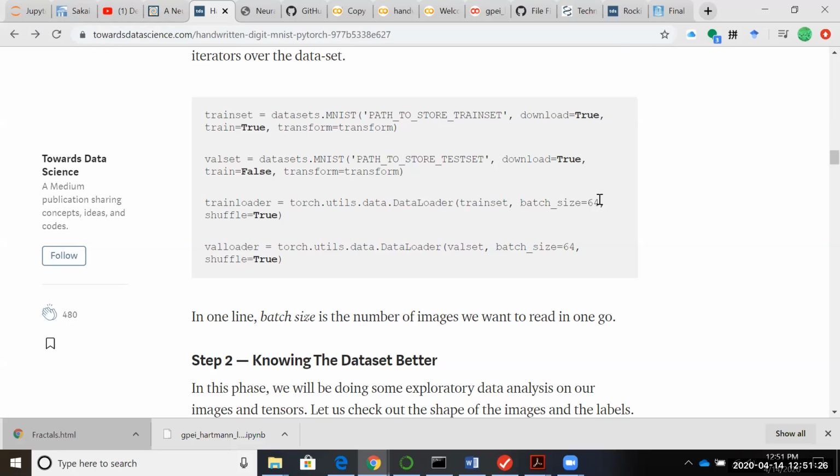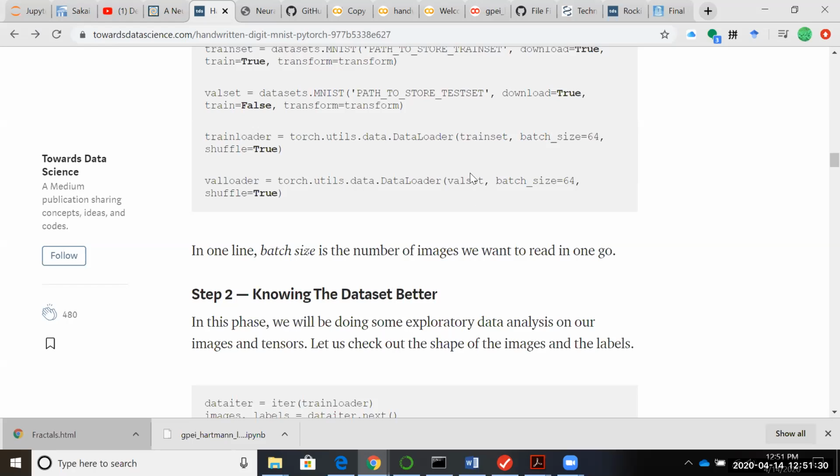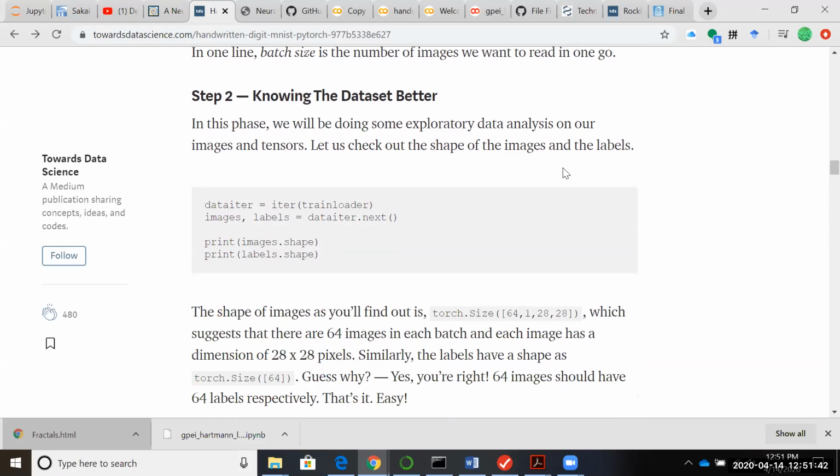But you can do 32, you can do 16. Actually, I play around with it. You can do a different number. Usually you use something like 2 to a certain power, because that makes it a little more efficient in terms of data storage, memory and processing.